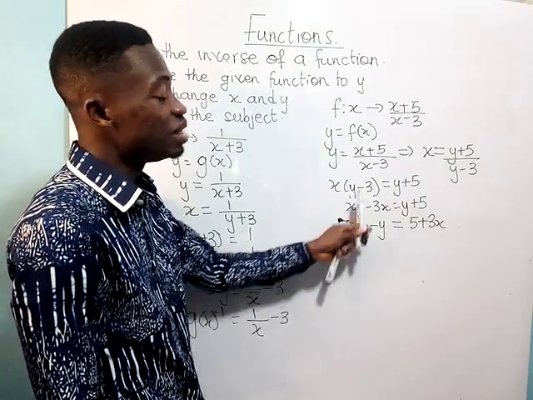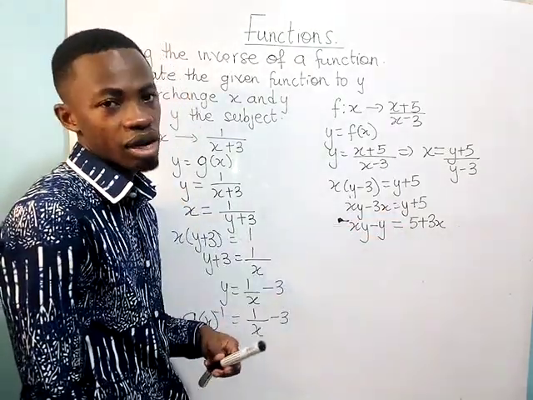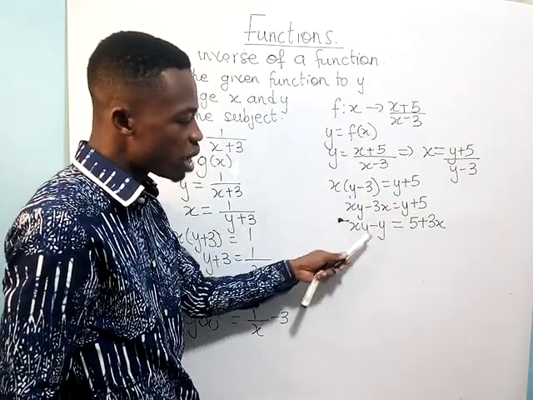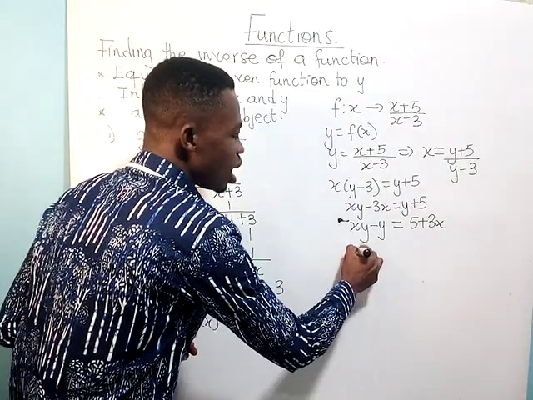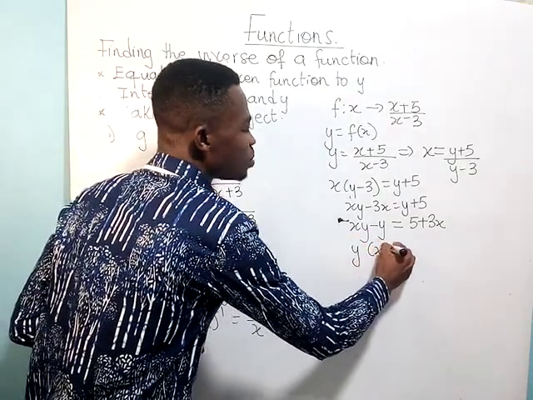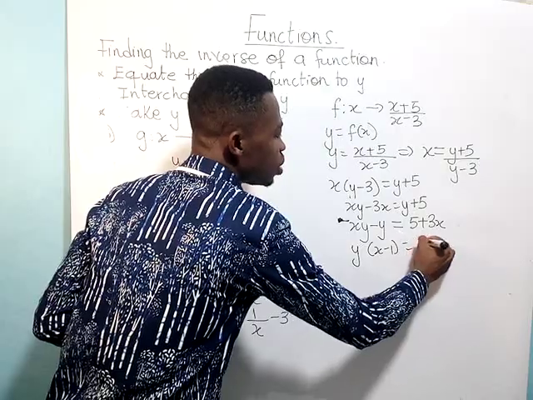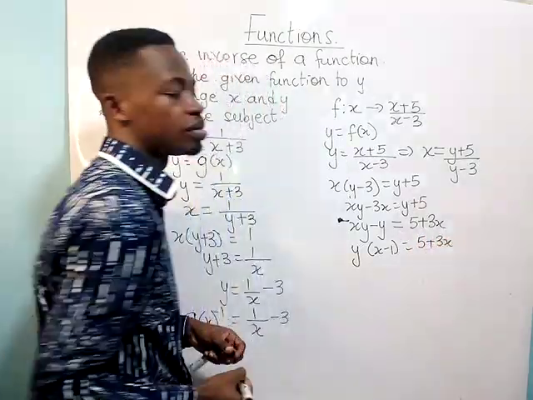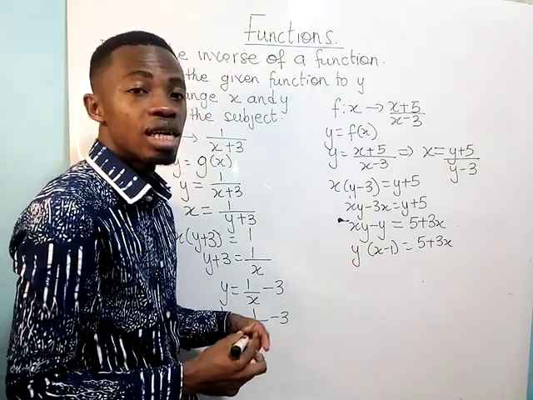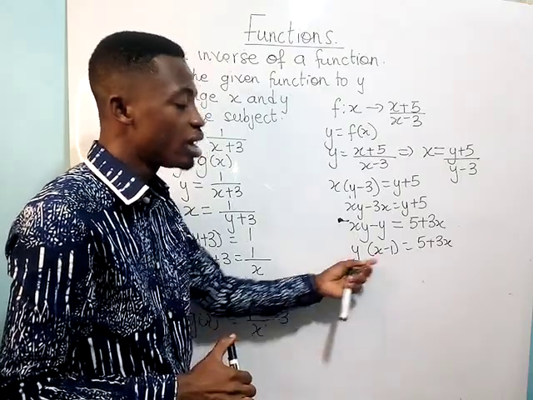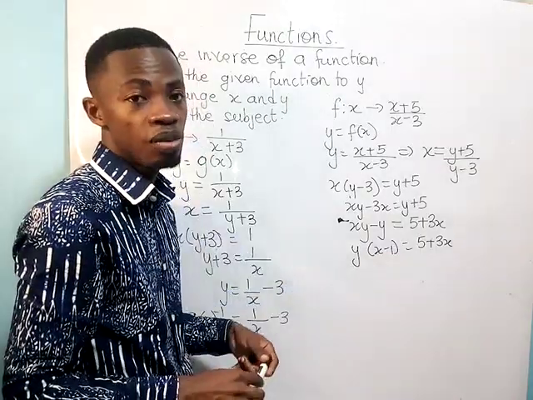Now, when it comes to making a variable the subject, and the variable appears in different terms, we apply factorization. So here we want y, but y is in this term and also here. So we factorize our y out. We are going to have y times x minus 1 is equal to 5 plus 3x. Then now, since we want to make y the subject, the sign of operation between the y and this term is multiplication.